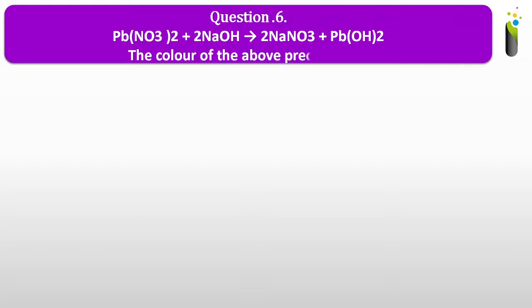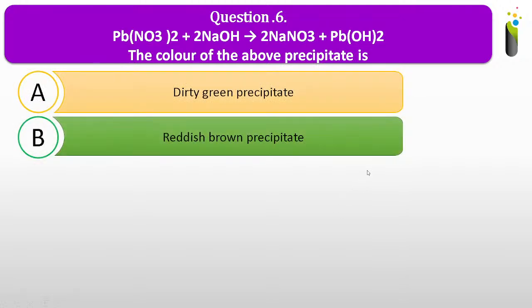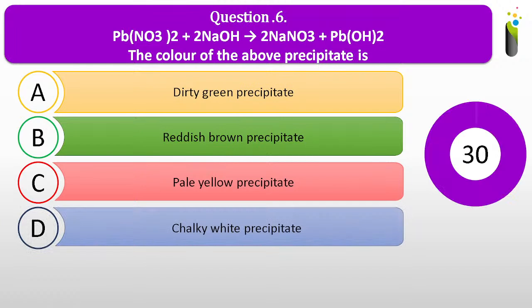Going ahead with question number 6. Pb(NO3)2 plus 2NaOH gives you 2NaNO3 plus Pb(OH)2. The color of the above precipitate is dash. A. Dirty green precipitate. B. Reddish brown precipitate. C. Pale yellow precipitate. D. Chalky white precipitate.